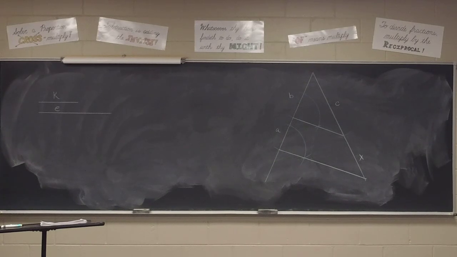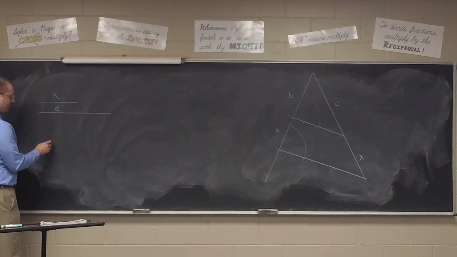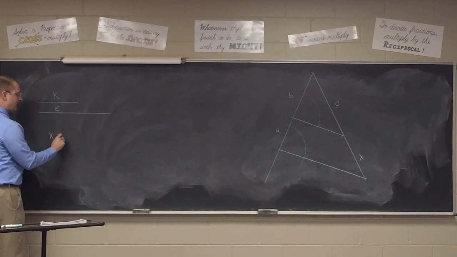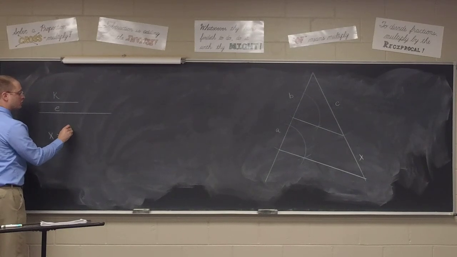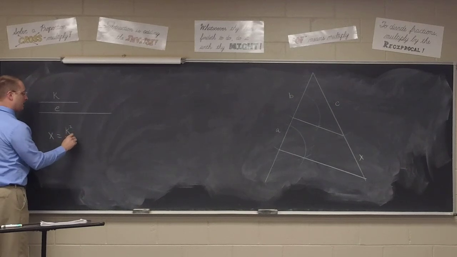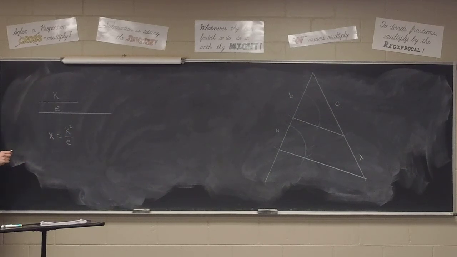I don't know. Anyway, I want to construct a third line, which we will call X. And I want to construct X so that it's equal to the square of K divided by the length of E. Okay, Ethan, thoughts?